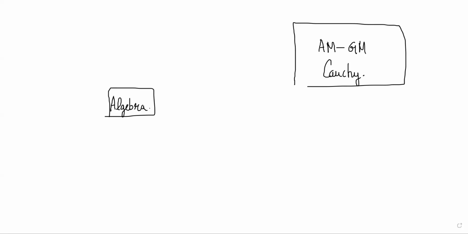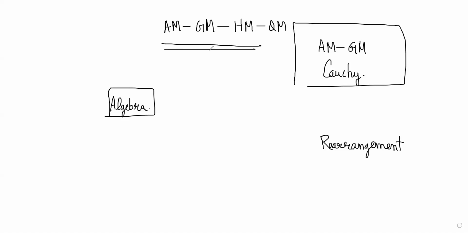From the second stage onwards, you will need some more inequalities. Rearrangement you will need. You will need the extension of AMGM. AMGM extensions are also there: AMGM, HM, QM, all of this, which is also sometimes called power mean.